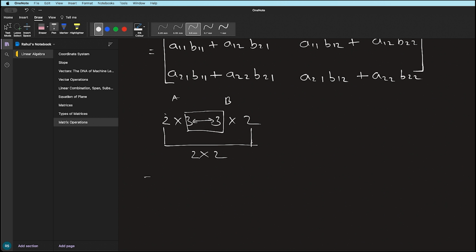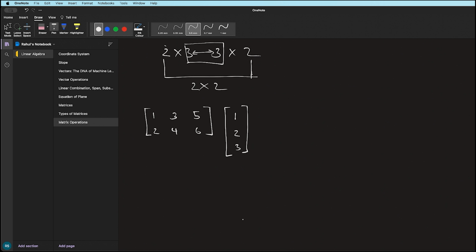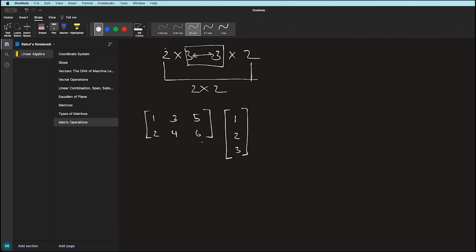Let me sketch out one matrix here. So it is 1, 3, 5 and 2, 4, 6. And this is another matrix 1, 2, 3. So the shape of this matrix is 2 cross 3, and the shape of this second matrix is 3 cross 1.